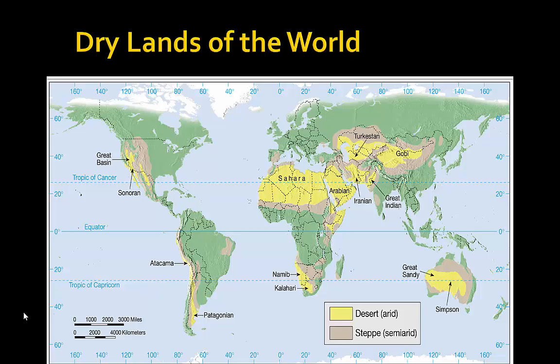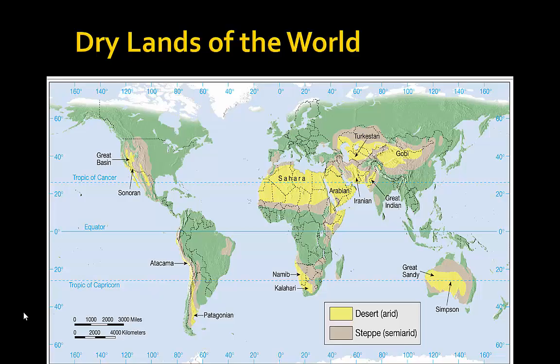That high elevation air is very dry and very cold. When it moves down to the surface, it warms up, and not only was it dry to start with, it now is warming up, meaning that it can absorb even more moisture. So if you look at the Sahara and the Arabian Desert, those are right at about 30 degrees north latitude. If you look in the southern hemisphere, the Great Sandy and Simpson Deserts in Australia are also at about 30 degrees south latitude.